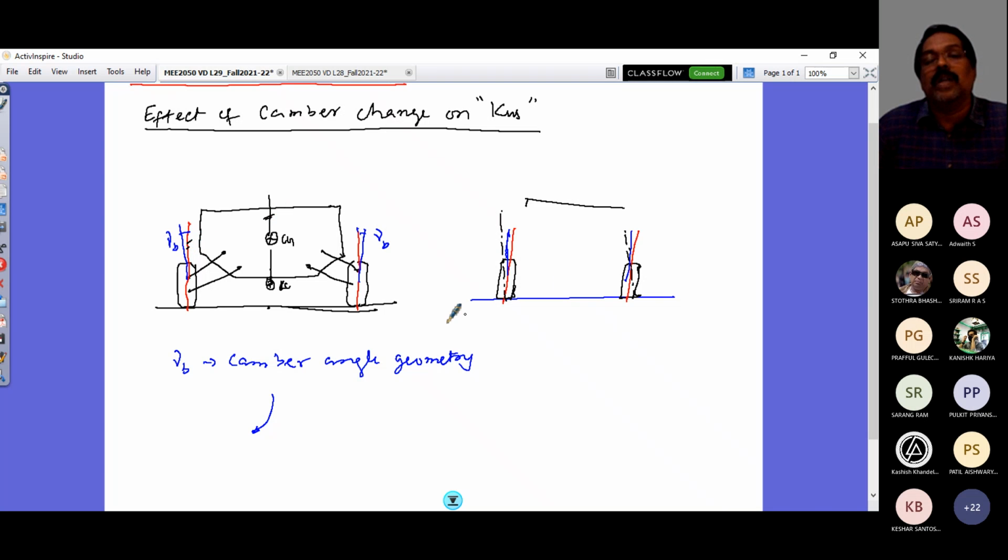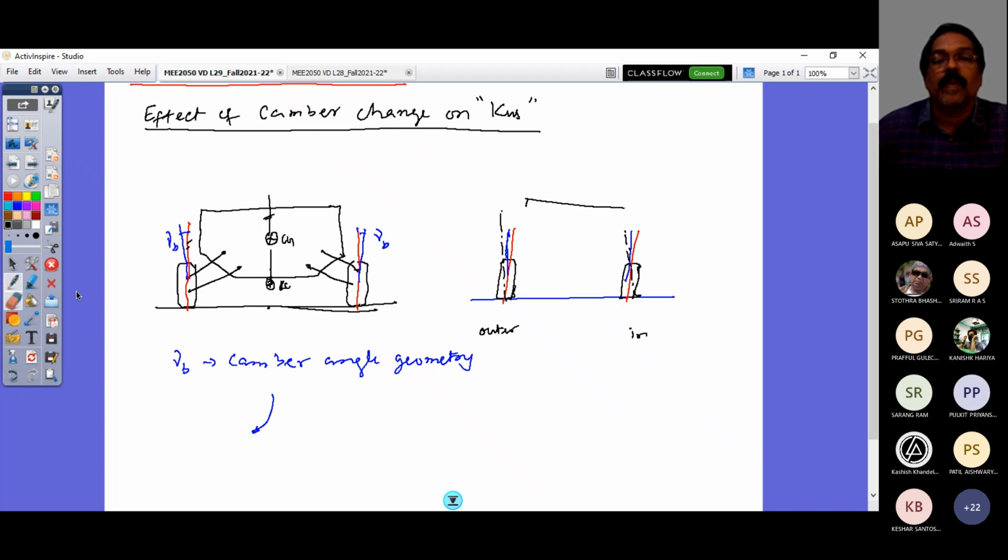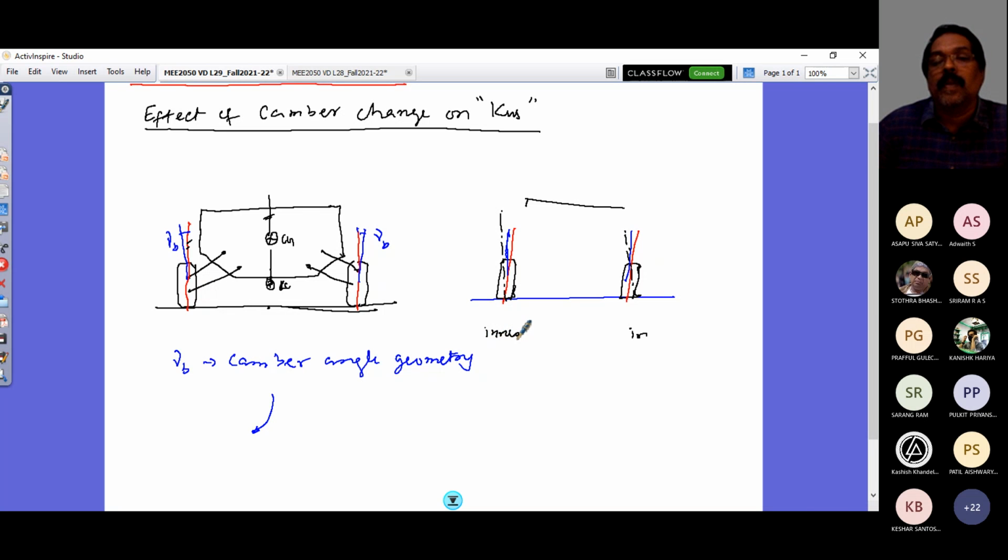But in a hard turning like that, this has become the outer wheel and this has become the inner wheel. Sorry, this is outer and inner. Carefully. Because it's taking a turn like that. So this is inner and this is the outer wheel.